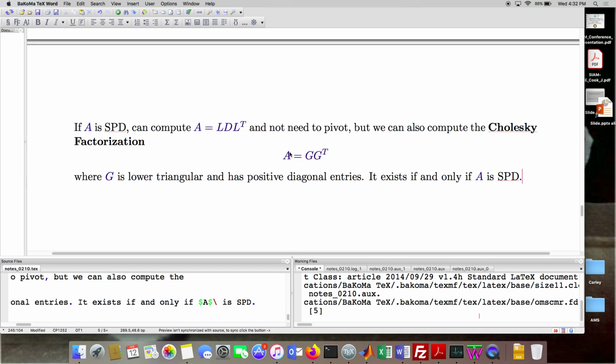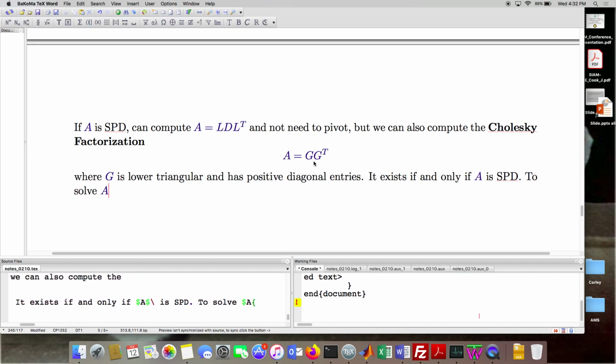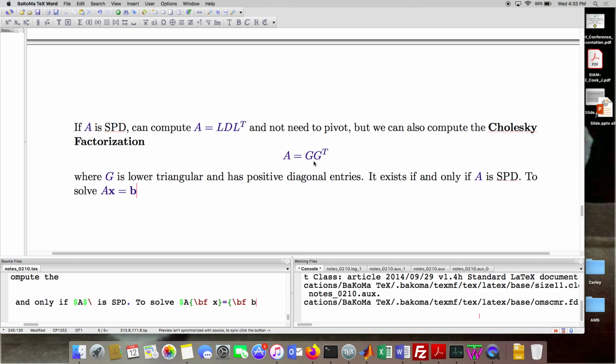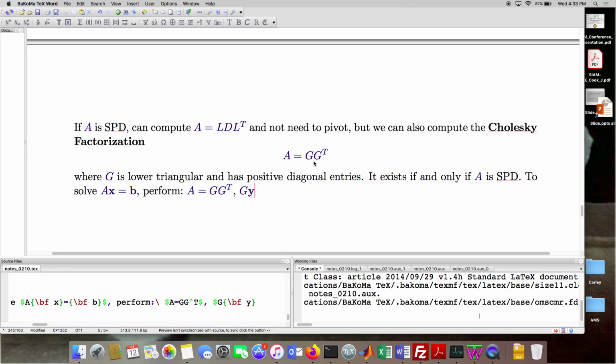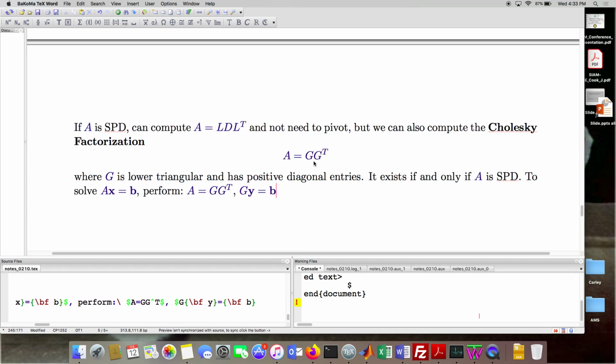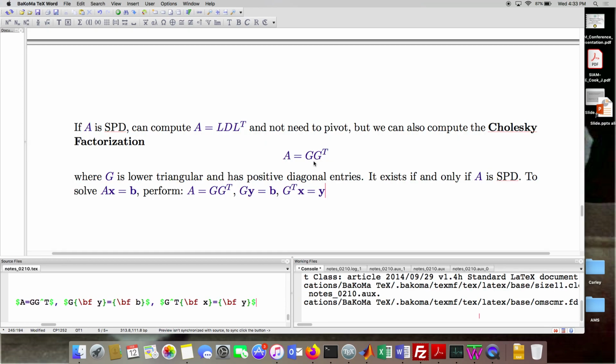So if you're going to solve Ax equals b, you perform these steps. Cholesky factorization, then Gy equals b, and then G transpose x equals y.